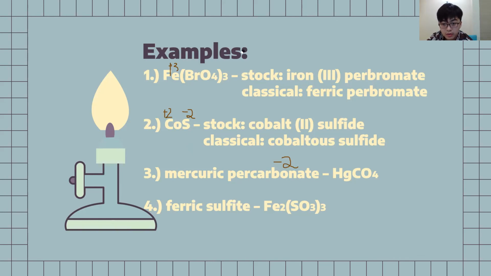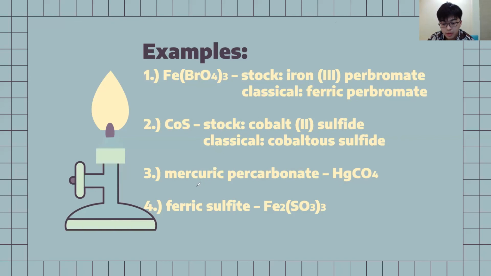Mercury has two possible charges, which is +1 or +2, and because it is mercuric, it uses the higher charge, so +2. So for this one, we cross multiply and simplify it to 1 and 1. So Hg and CO4.